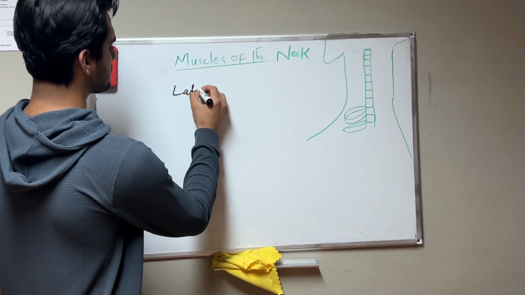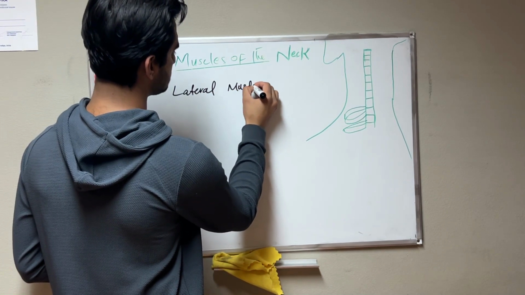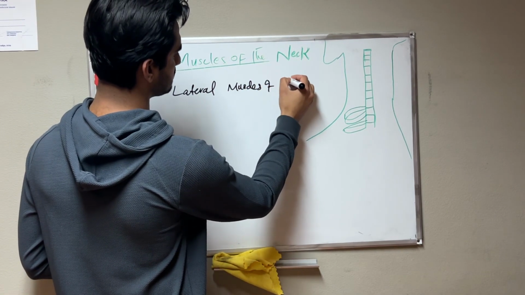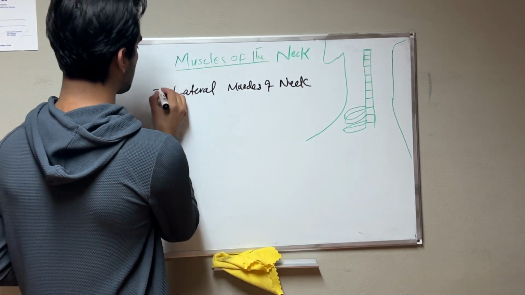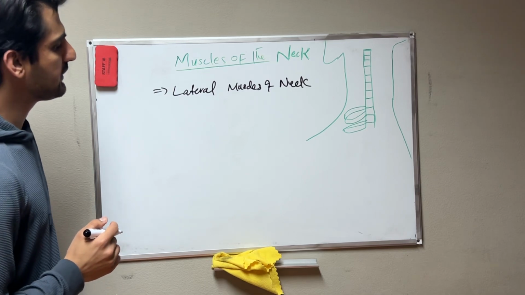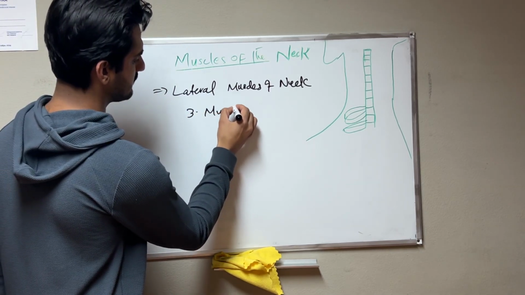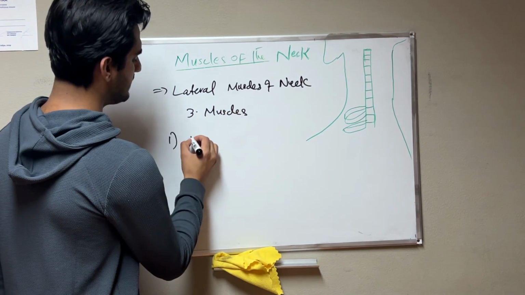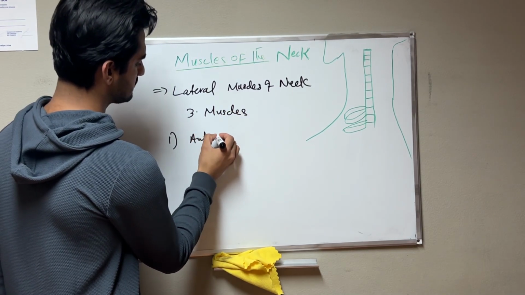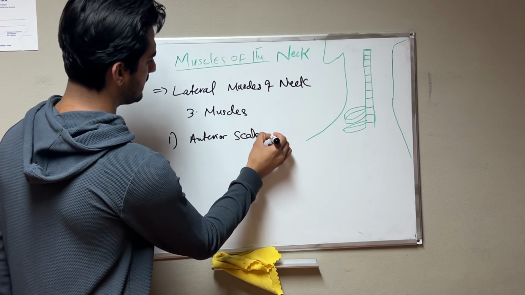Lateral muscles of the neck, or musculus lateralis. We have three muscles. First we have the anterior scalenus muscle.